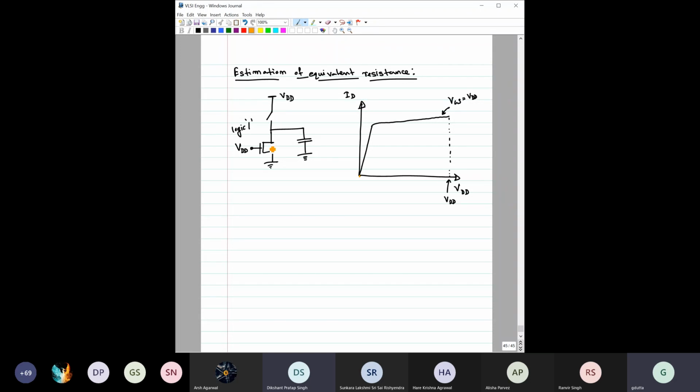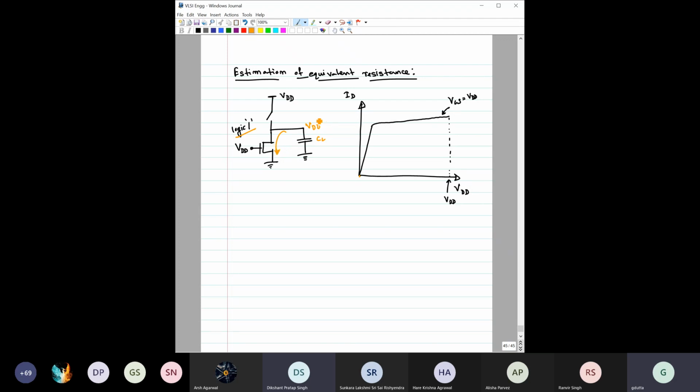For example, say this is a logic one you have given, so the PMOS is off and the NMOS is on, and say the output has been charged to VDD. Now the capacitive load has a path to discharge through this inverter.